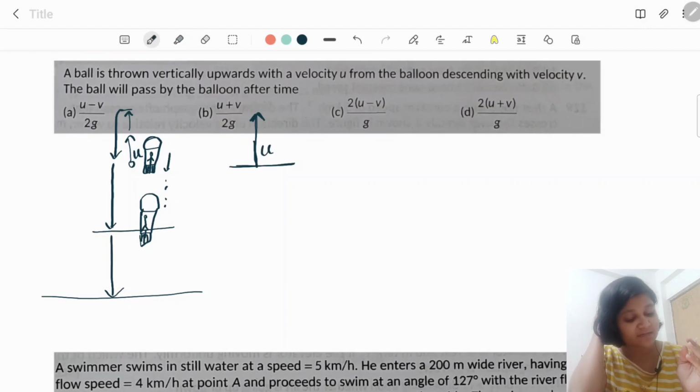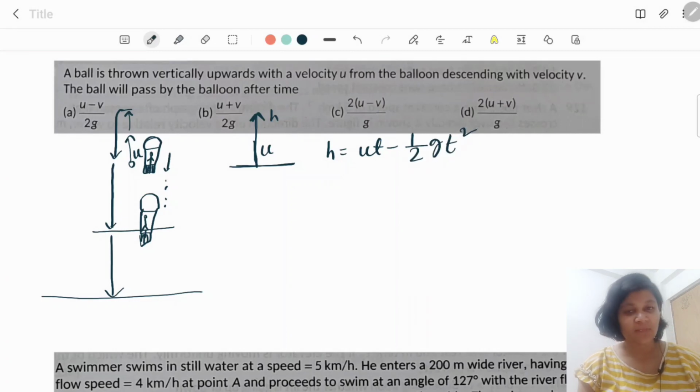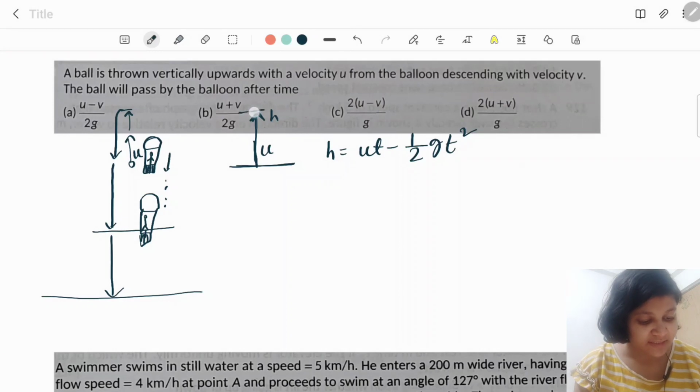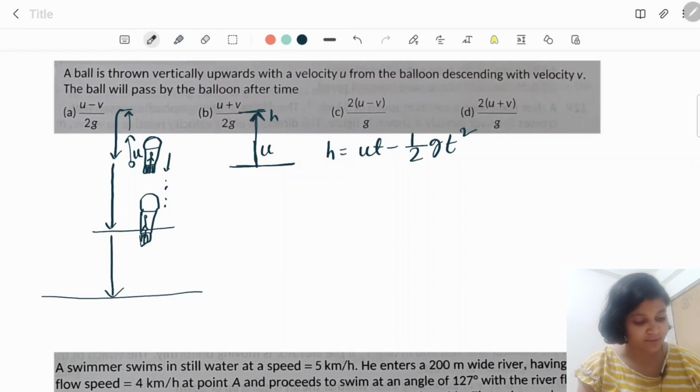So it has a vertical velocity of u. It will go up to a height h, and that height can be written as ut minus half gt squared. Here the initial velocity is not 0, and the velocity at this point will be 0 because it will go like this, stop for a moment and then start falling downward.